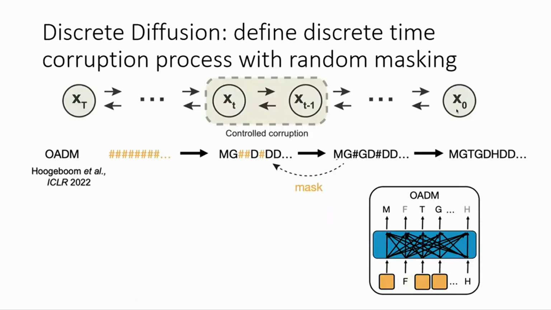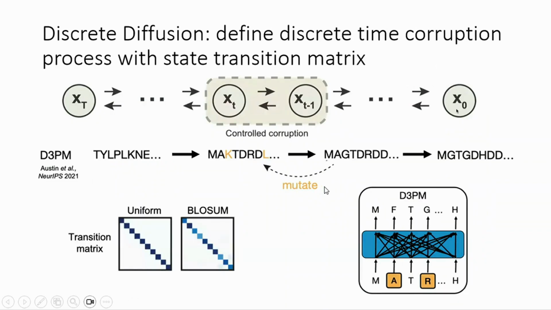which is again defined as certain transition probabilities. So for example, one way of designing that discrete space jump is by adding a mask. You could randomly mask parts of your clean data, and with a significant number of jumps you end up with a completely masked sequence, and you can design the diffusion model to invert that process.